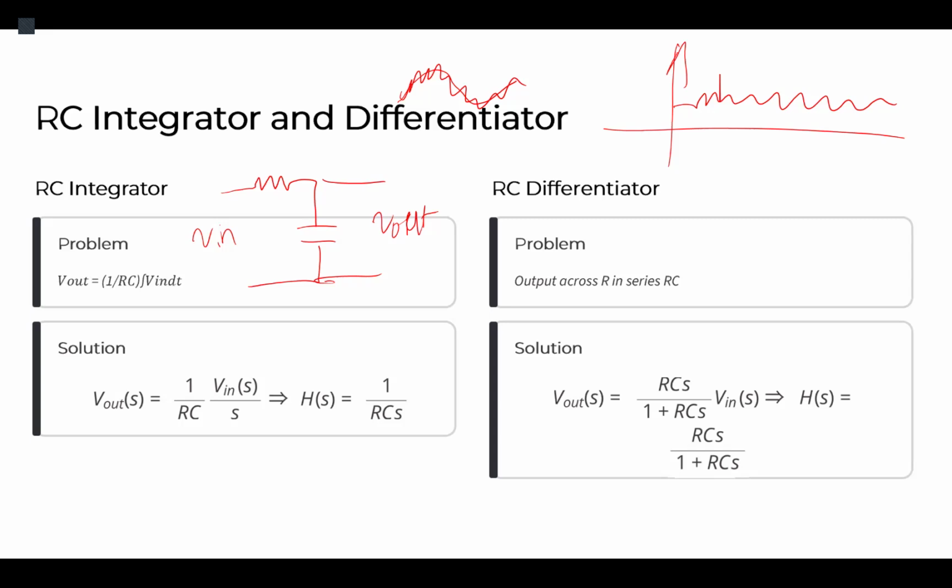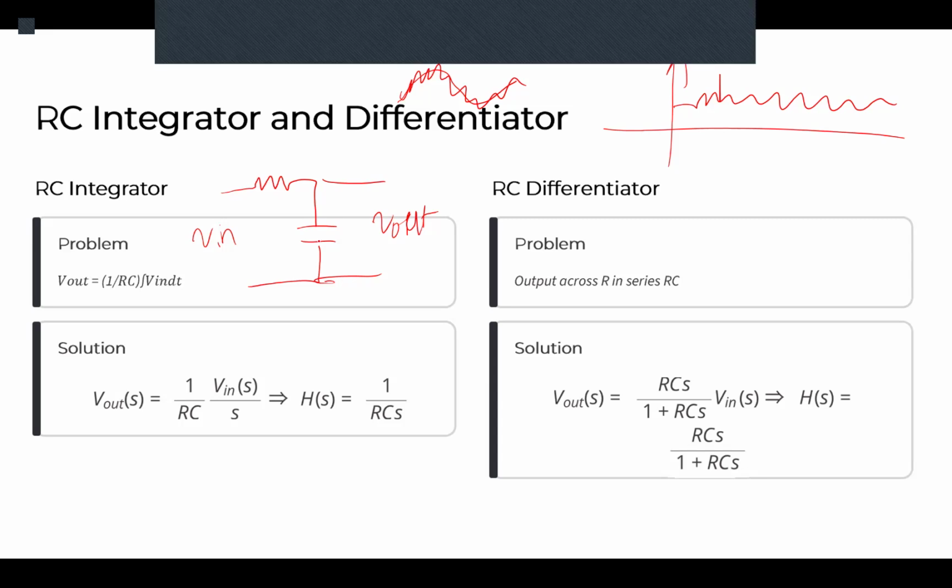Make sense? Okay. Now we already know how to solve the RC circuit. We already solved that example, so you know how to find the V out versus V in. Now here, very simply, before we run the KVL, KCL, and equate the currents, I want you to look at it in a different way.